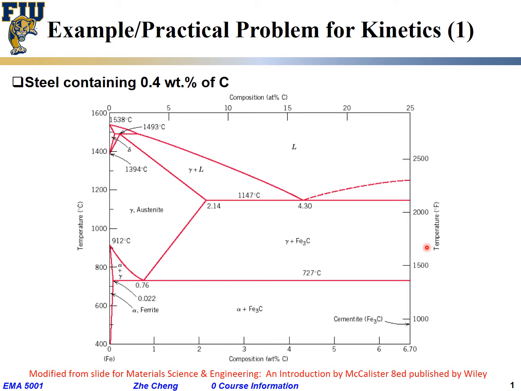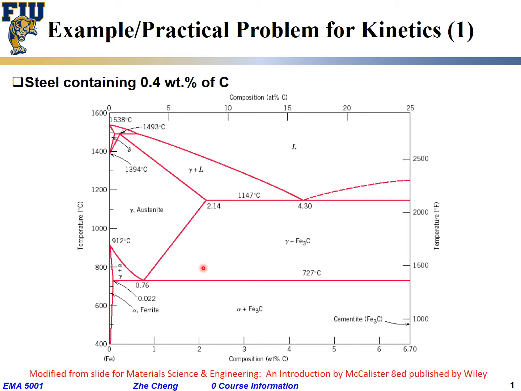Make sense? Let's refresh our minds a little bit. If I'm here, roughly 800 degrees C, 2% of carbon in iron, how many phases? Two phases. One is gamma, one is iron 3C. The gamma phase composition would roughly be what?